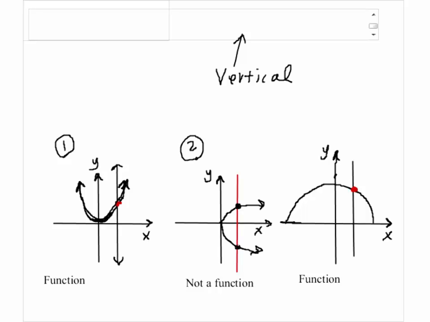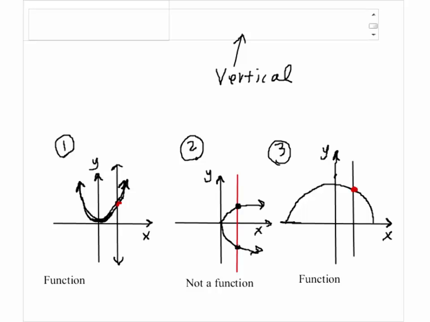Let's look at the second graph. It is a sideways parabola. When we draw a vertical line, which is the red line, it crosses the parabola at 2 points, so it is not a function. To be a function, every vertical line has to cross the original graph only once.